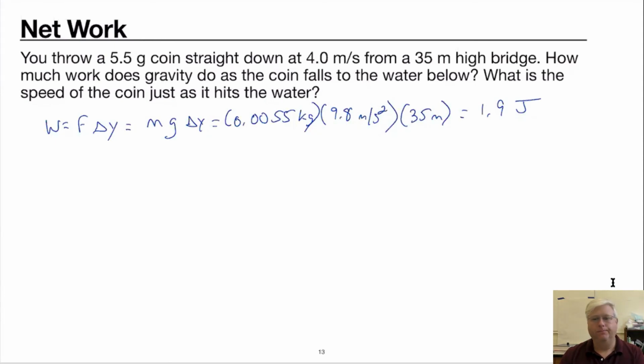Okay, and then the speed, how fast is it going? Here we know it's falling under the influence of gravity, but we've given it an initial speed of 4 meters per second, so we can apply the constant acceleration model to find out what speed it hit the water with. For this situation we can use v final squared equals v initial squared plus 2a delta y.